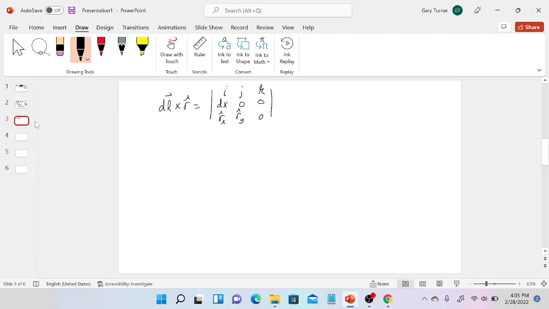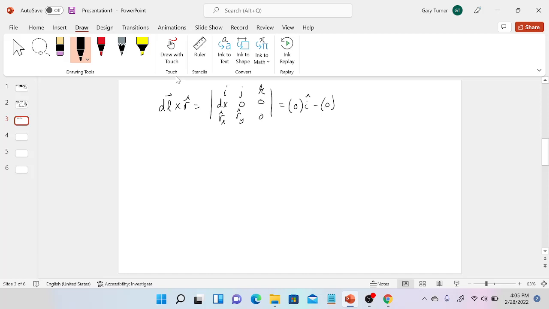So what is the determinant of this matrix? For my first term, I cross out the I column and the first row, and look at the resulting matrix. This is 0 in the I direction, and then I get minus. Same thing happens when I cross out the J column and the top row: I get 0 times Rx and 0 times dx.